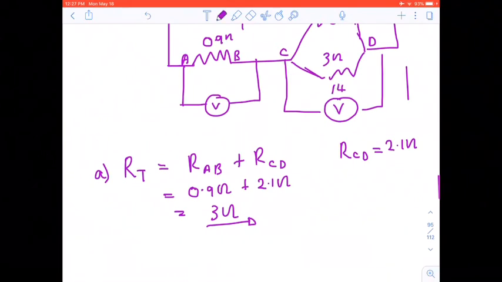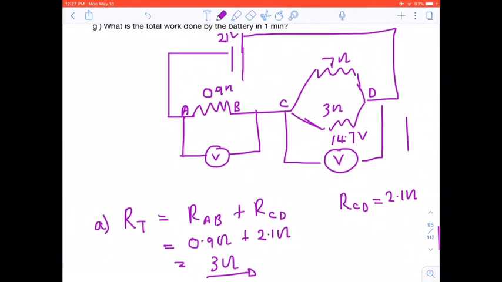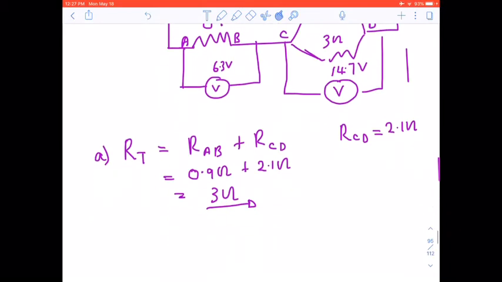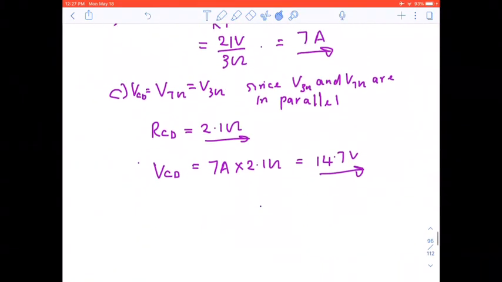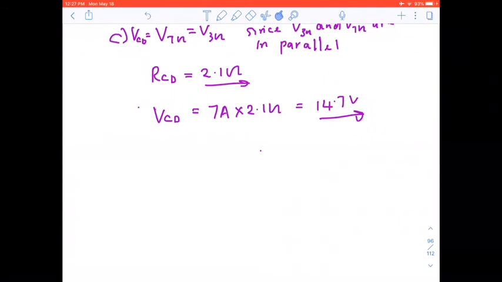If we got 21 volts, what's the balance going to be there? It would obviously be 6.3 volts, which gives us a total of 21 volts.